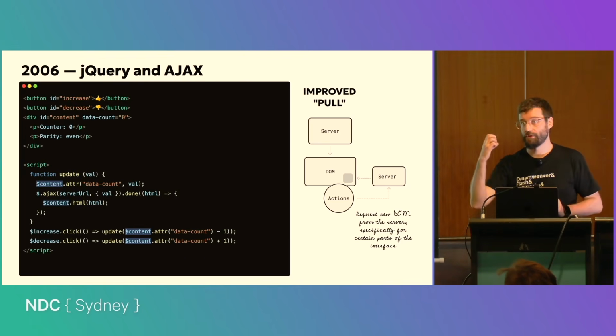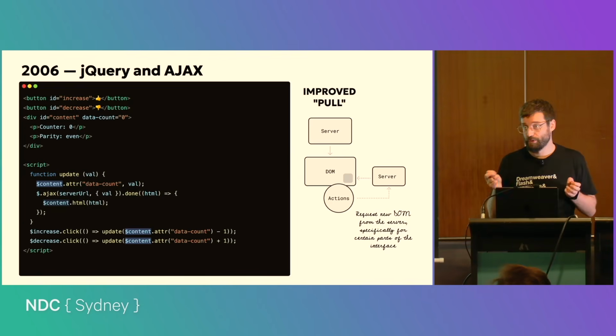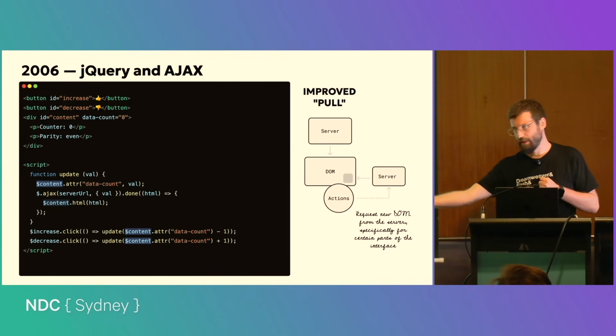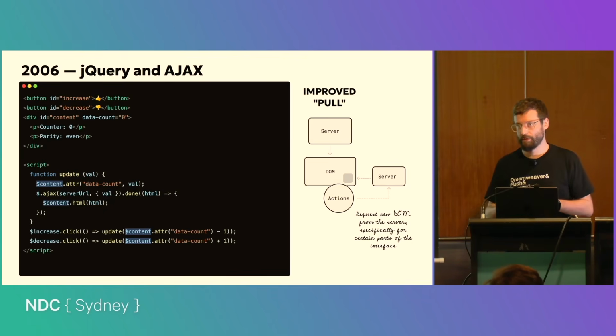That's still a pull approach. Every time the state changes, we still go to the server, but I would call it an improved pull approach because we're not asking for the whole HTML, and we're in control of it because it's all happening client-side, so we can show a loading state or whatever. We're basically still pulling new HTML based on the state from the server, but very selectively.